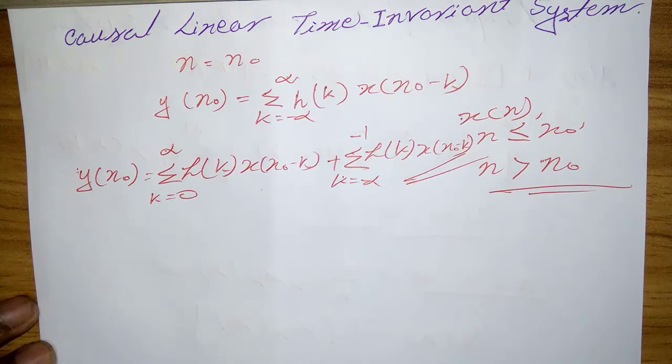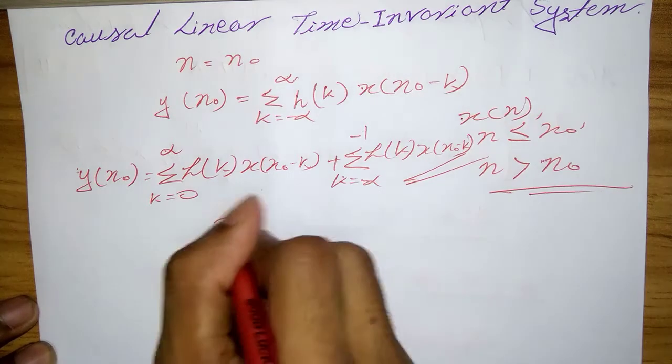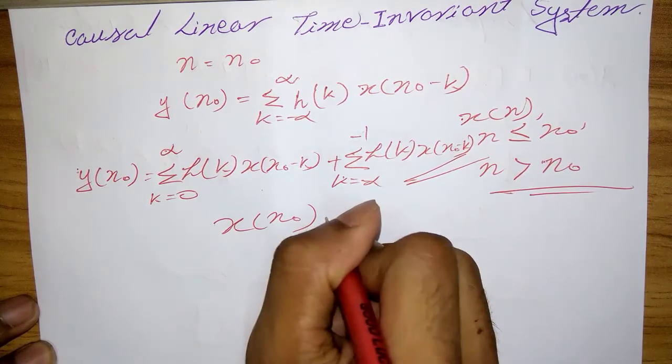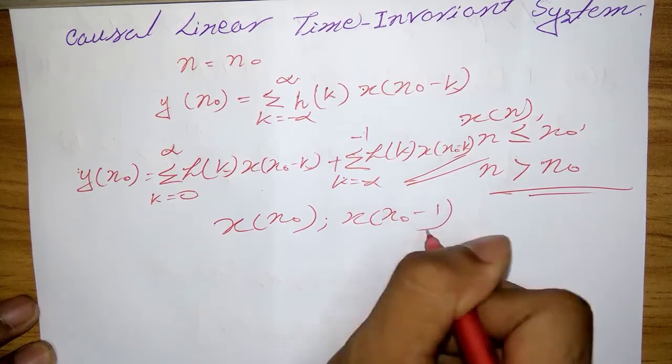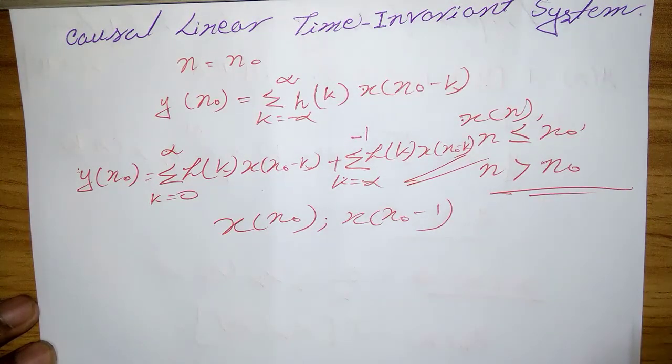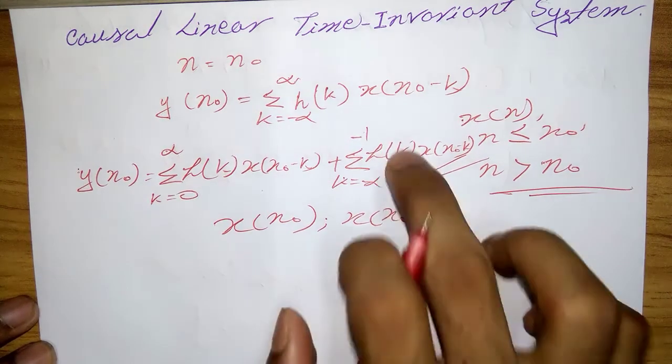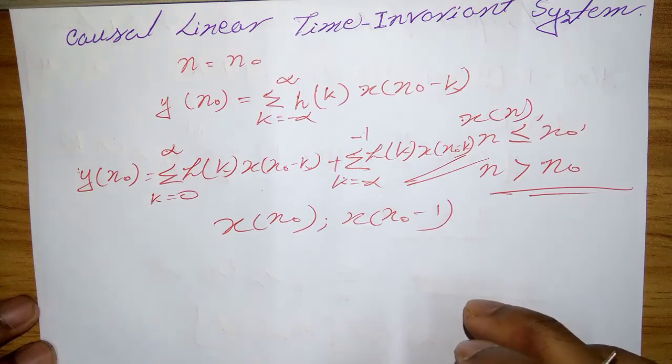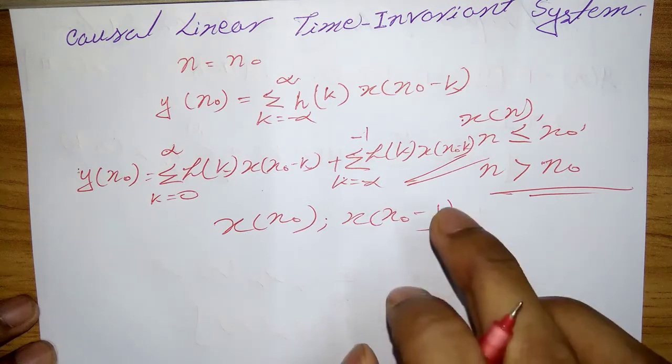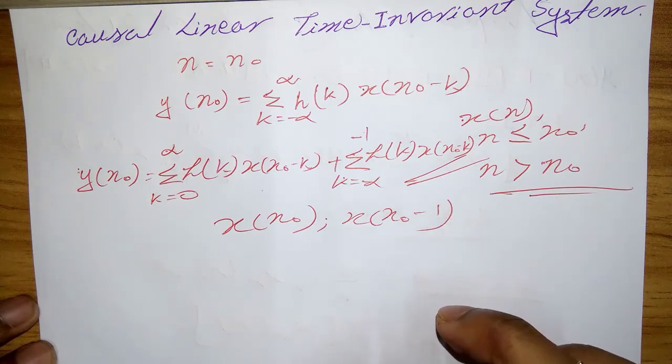You observe that the terms in the first sum involve x of n naught, x of n naught minus 1, which are the past values of the input signal. On the other hand, the terms in the second sum involve input signal components like x of n naught plus 1 and x of n naught plus 2.